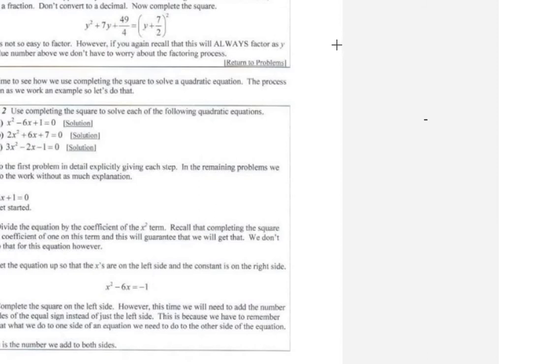If I have x squared minus 6x plus 1, you don't have an equation here, you have an expression. You don't have equal to 0 to solve in this case.